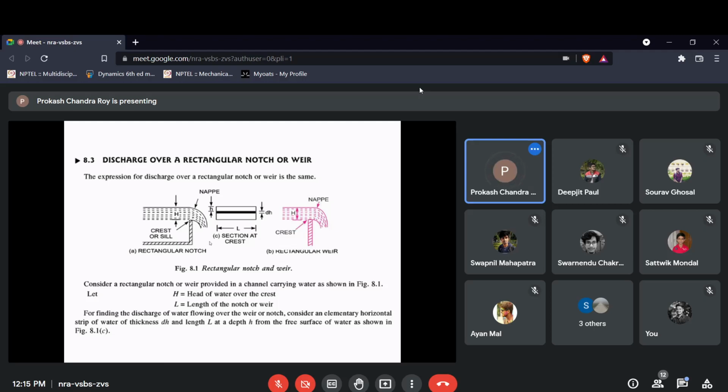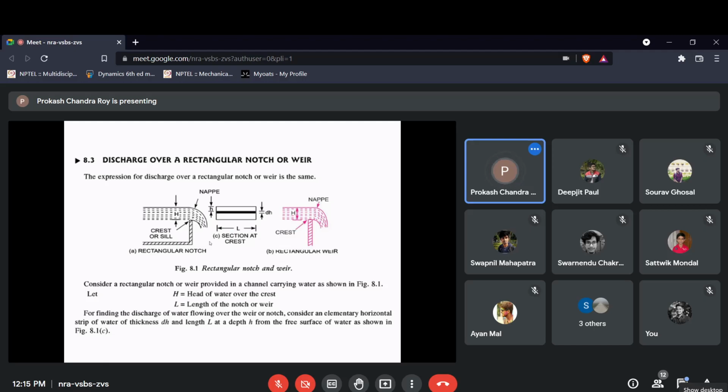When flow takes place through a pipe, the velocity at any section will be different. At the center of the pipe you have the maximum velocity, but at the wall of the pipe there is no velocity. The velocity profile is often a parabolic profile, so velocity varies with the distance or the height.